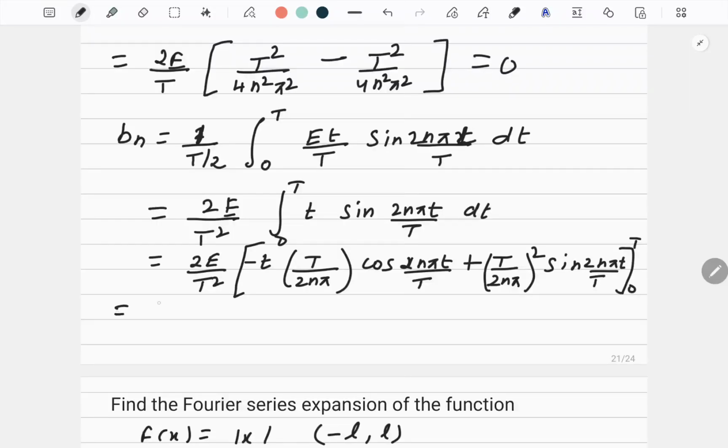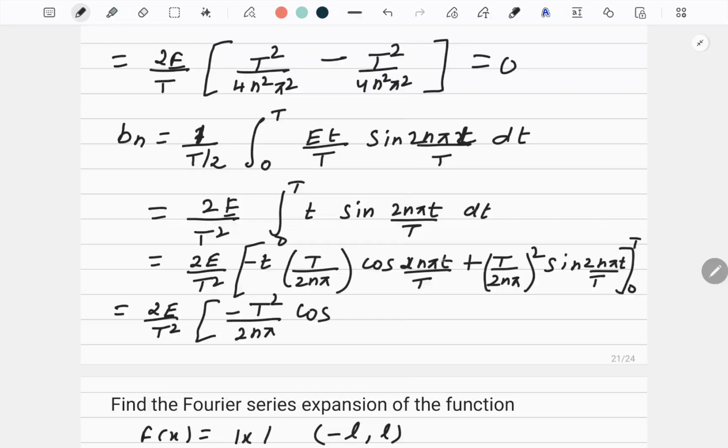So now this will become 2e by T square. Now put first T here. So this will become 1. So minus T square upon 2n pi, cos.